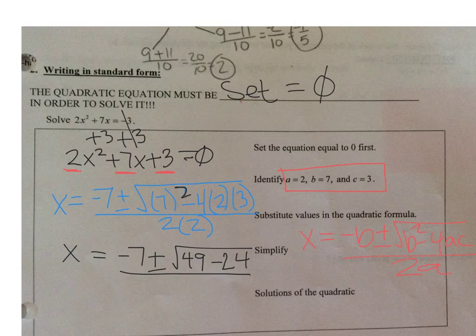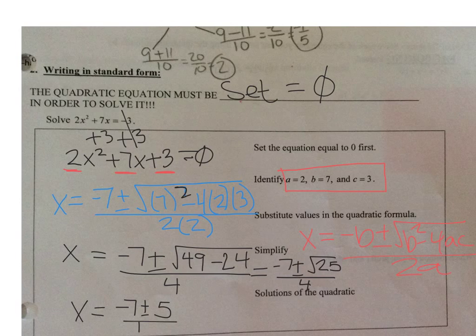All over 2 times 2 is 4. So I have negative 7 plus or minus the square root of 49 minus 24, which is 25, all over 4. The square root of 25 is 5. So I have x equals negative 7 plus or minus 5 over 4.